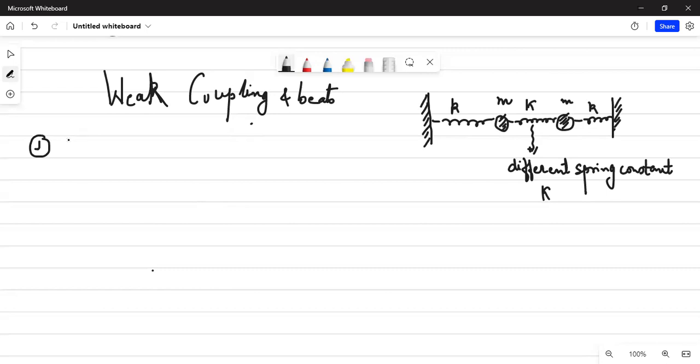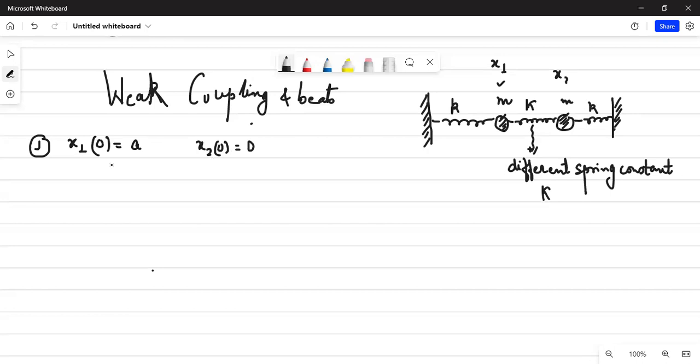So in the first case, the displacement corresponding to this mass is x1, and the displacement corresponding to this is x2. Initially, x1 was displaced to some extent, let's say small a, and x2 was not changed at all.